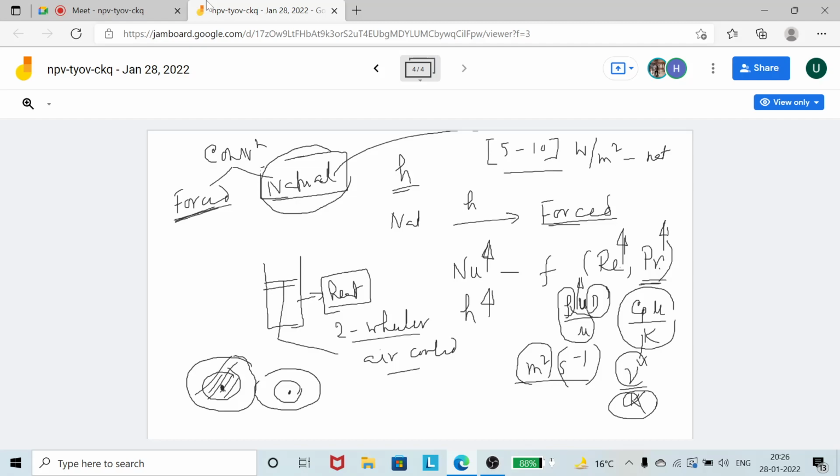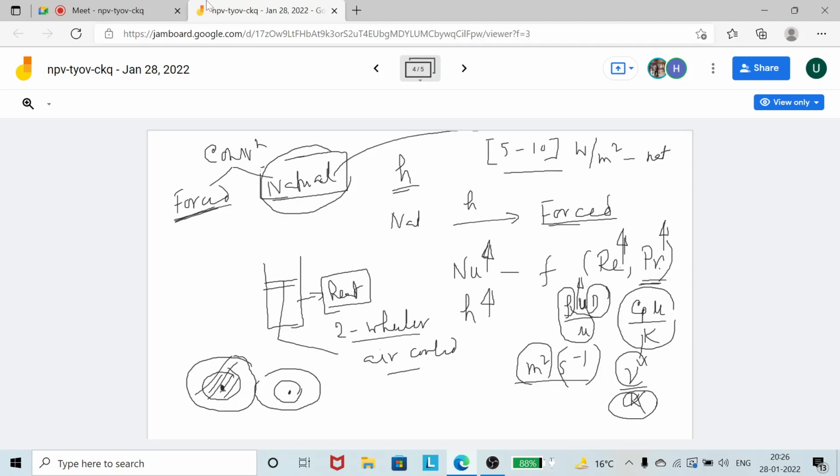Anyway, and also Prandtl number, some other important thing you should keep in mind. Like Prandtl number is, you know that delta T, thermal boundary layer, and say hydrodynamic boundary layer. So you may remember that hydrodynamic boundary layer by thermal boundary layer is related to 1 by PR.